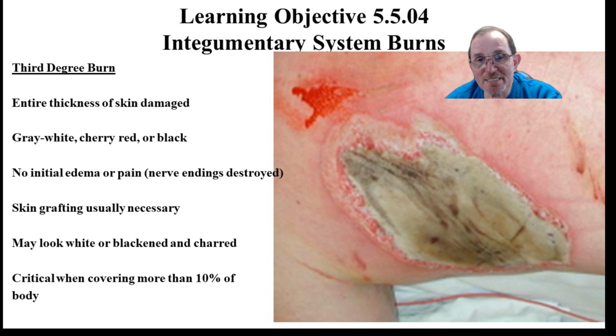They can use skin from cadavers, people who've donated their body to science. Sometimes they even use pig skin, and there's also some artificial skin that they can use. But that's what we need to do. We just need to cover it. Third-degree burns are critical when more than 10% of the body is involved.